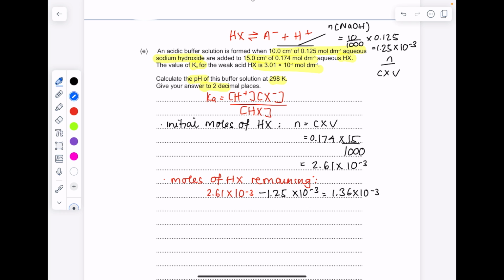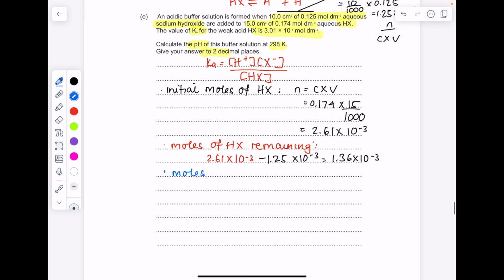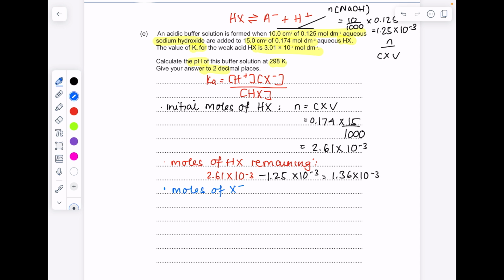What about the number of moles of the A- ions now present in solution as a result of the reaction between the sodium hydroxide and the weak acid? So the moles of A-, by definition, must be the number of moles of hydroxide ions which were added. So we know that that is 1.25 times 10 to the minus 3.